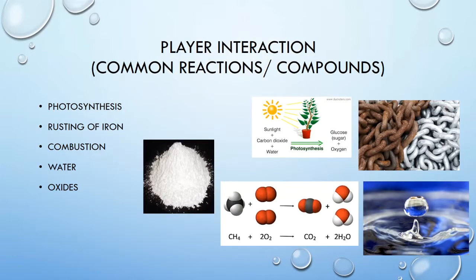Let's look at some of oxygen's player interaction. So as you can see, things like photosynthesis and combustion use oxygen to create things like glucose, carbon dioxide, and water. Now, if you look at the beginner iron class characters, they all have this very white kind of color to them.